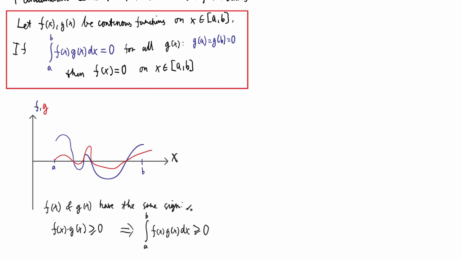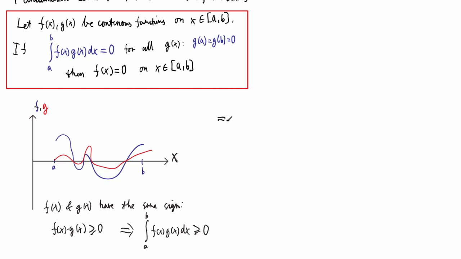And the only way that it can be exactly equal to 0, if we haven't picked g to be 0, and we are free to choose g any way we like, remember, as long as it vanishes at the endpoints and it's continuous, then the only way this can actually be equal to 0, since the argument here is greater than or equal to 0, is if the argument is 0 everywhere.